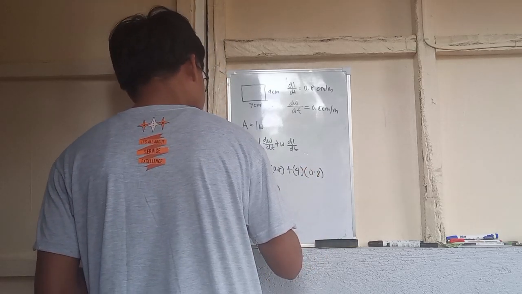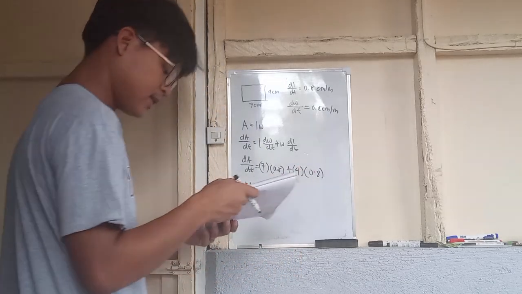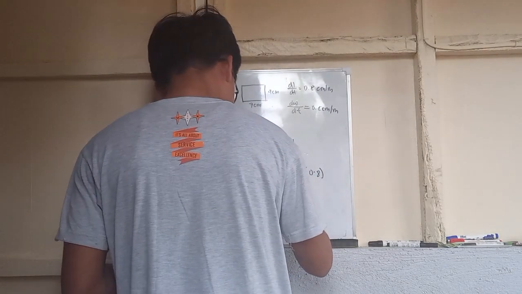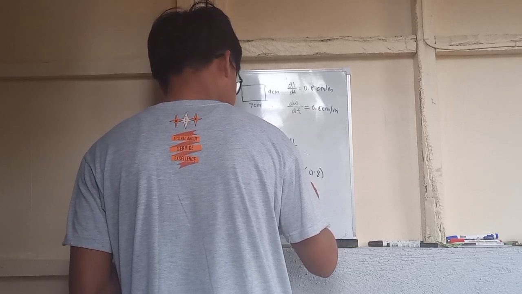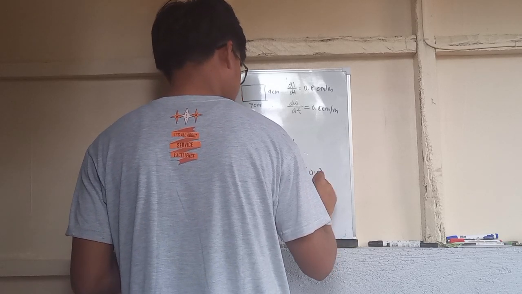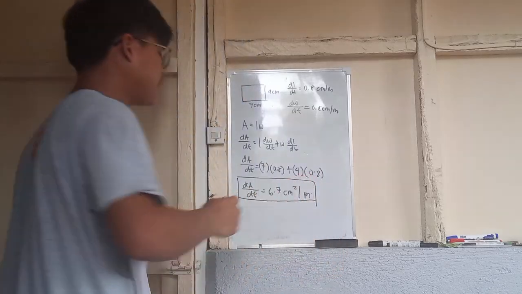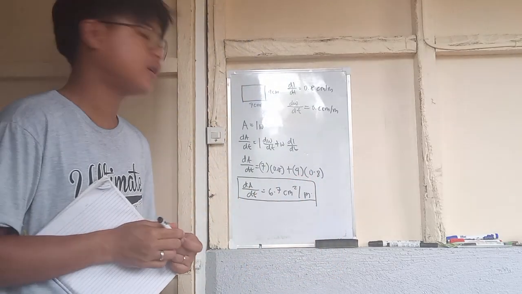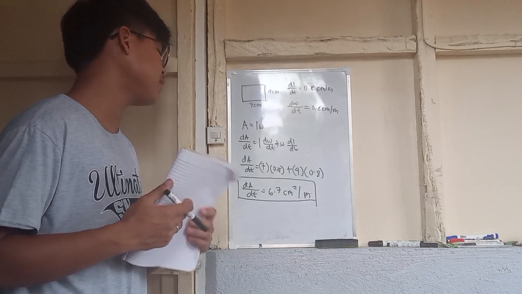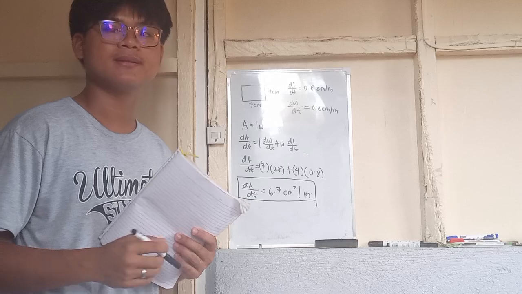Calculate the equation. So we can get the value of 6.7 centimeters squared per minute. So now we have the final answer, the rate of the area, which is 6.7 centimeters squared per minute.